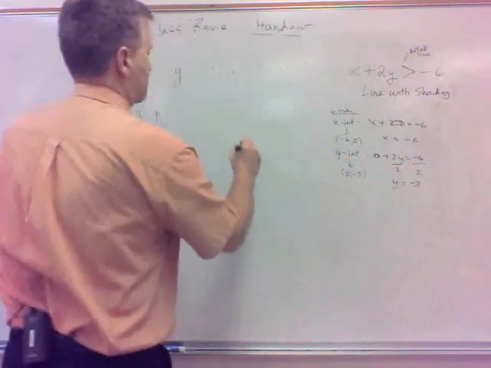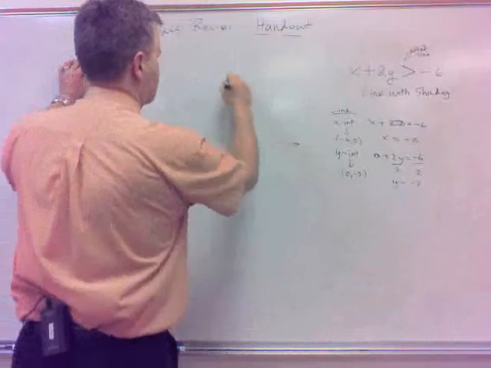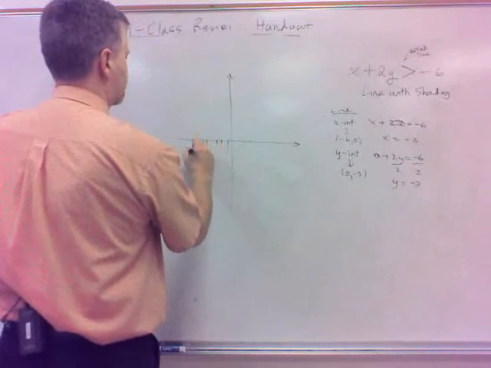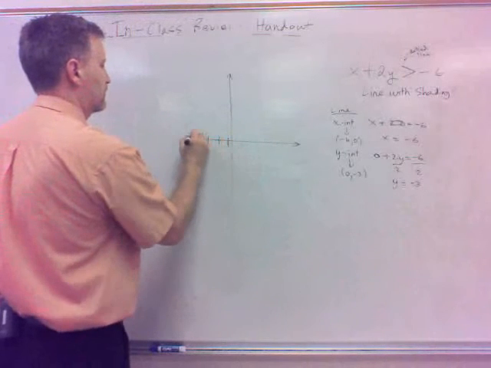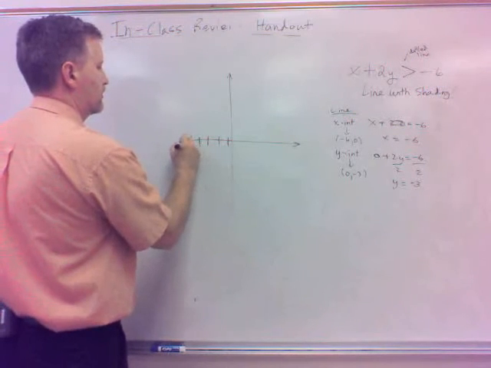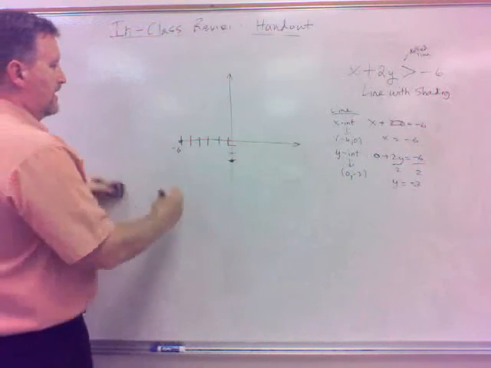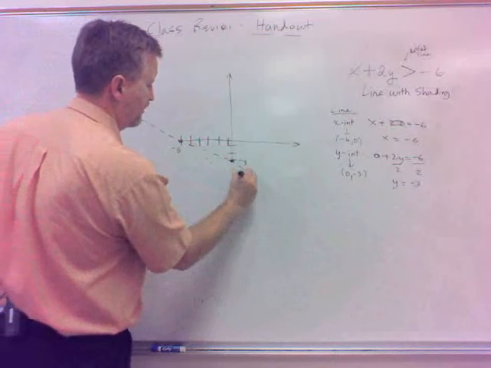So that's going to look like this. And then 0, negative 3, just like that. And it's a dotted line. We just discussed that because it doesn't have the equal to part.